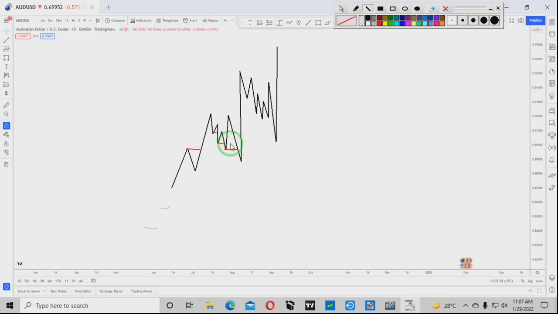All this that you are seeing is what is known as a complex pullback. If you go to our previous video on market structure simplified, I made it very clear that all you need to focus on is your swing high and your swing low, and wait to see what price action does around the swing high and swing low.